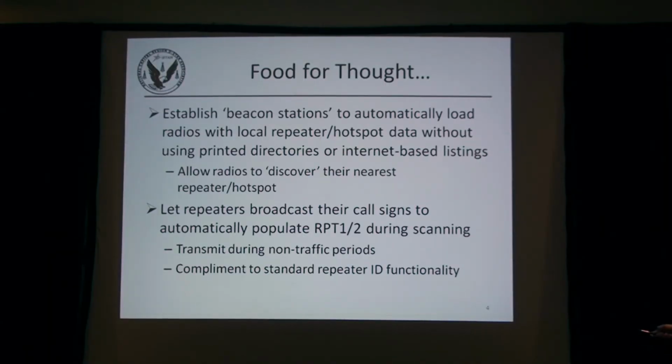Why don't they broadcast during these, what I call non-traffic times, where you're not having hams talking to each other, just broadcast and put out this information and load up our radios. So, like I said, I just see it as a complement to the standard repeater ID, where once an hour or something you get, this is the W4OV8 repeater.